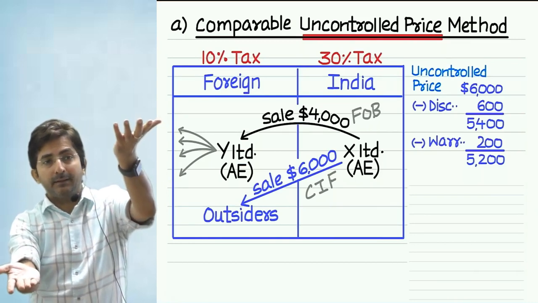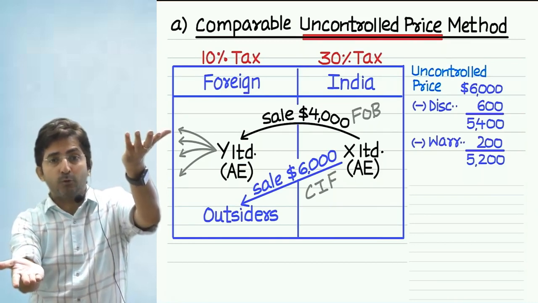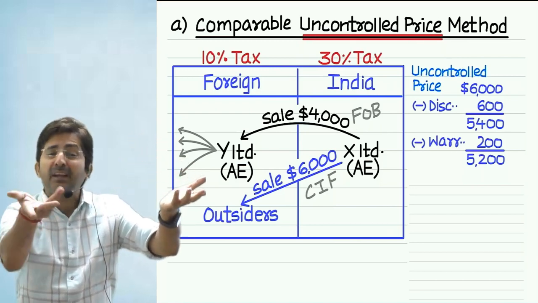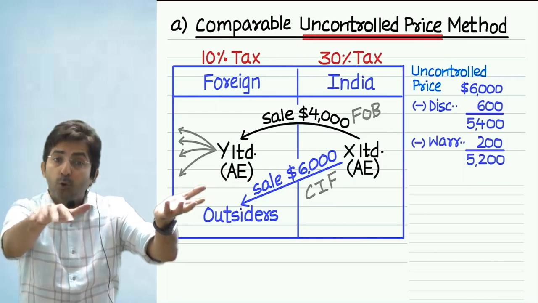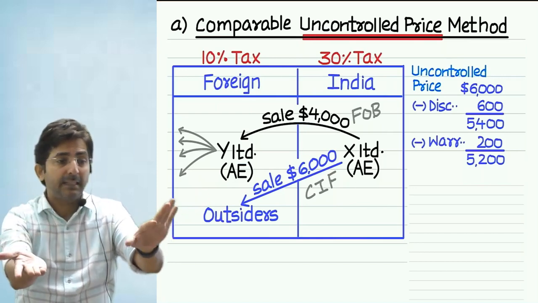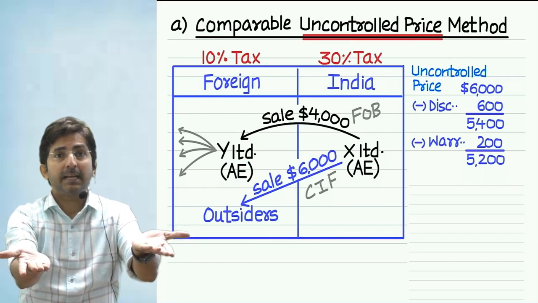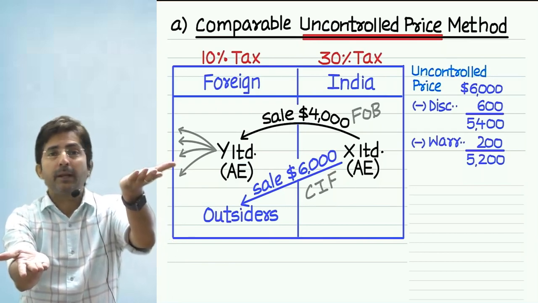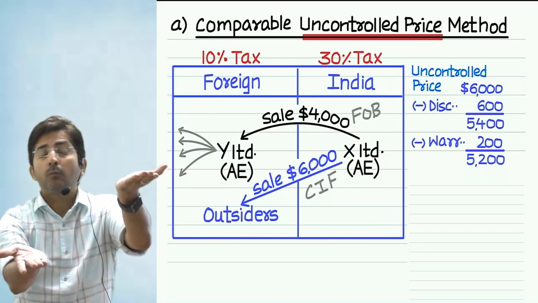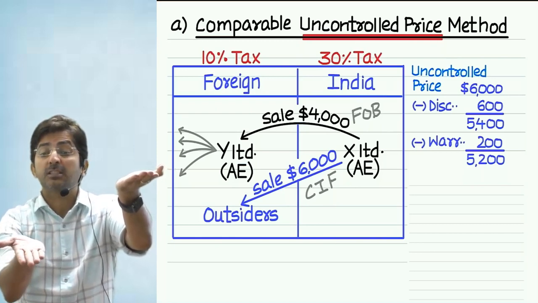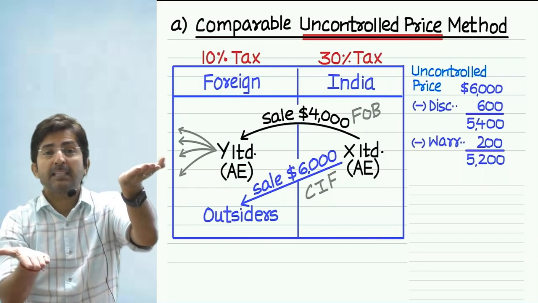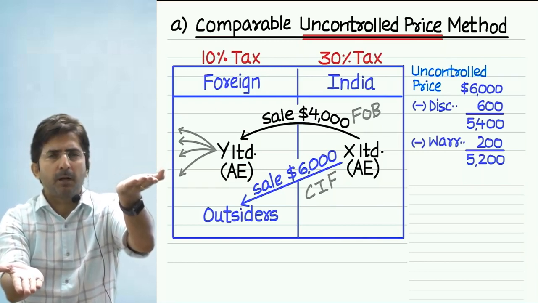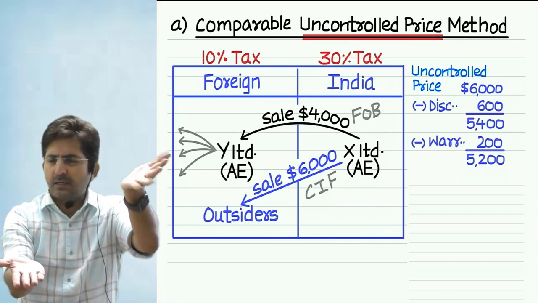Did you see how my hands are raising and going down? Why did this go down? Because the nature of FOB is lower, so it's going lower, and the nature of CIF is higher. So now there is a disparity. So how to bring the prices at par? What did I instruct? You should not touch the price with the associated enterprise. What is the name of the method? Comparable uncontrolled price. So what is the uncontrolled price in my example?